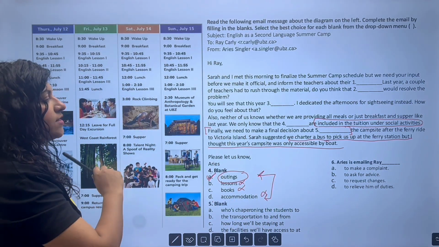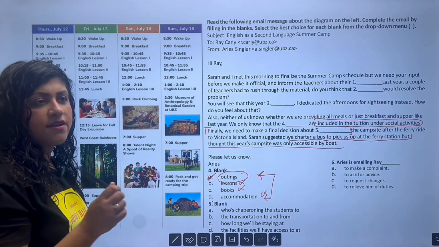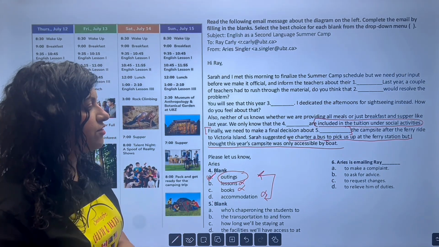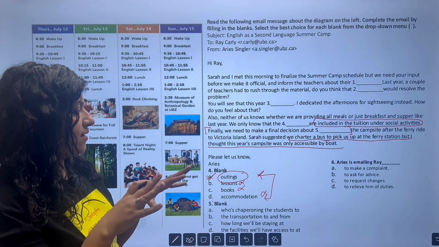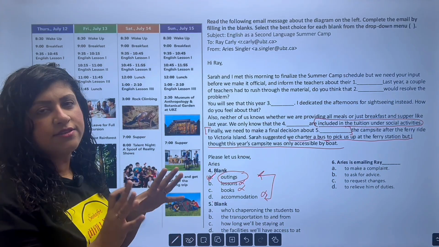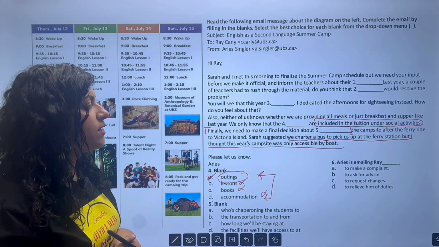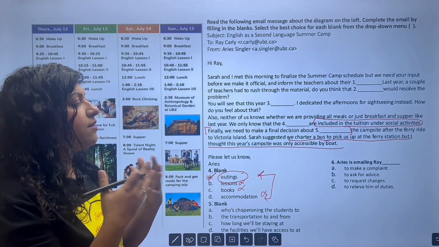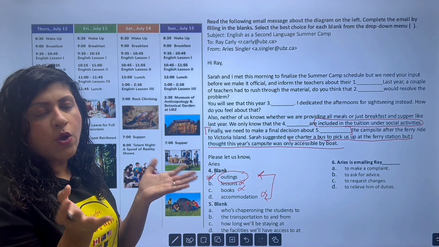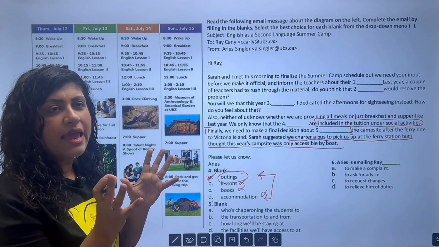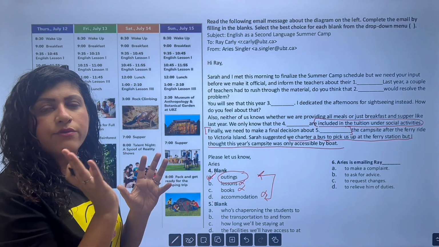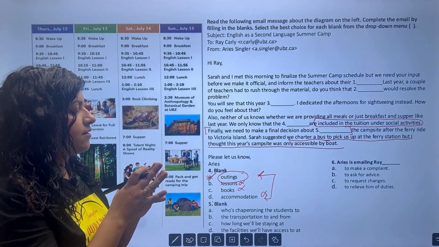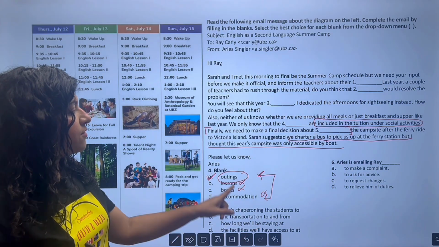So going by boat, chartering a bus to pick them up, all these things refer to transportation to the campsite, right? Now look at the options.